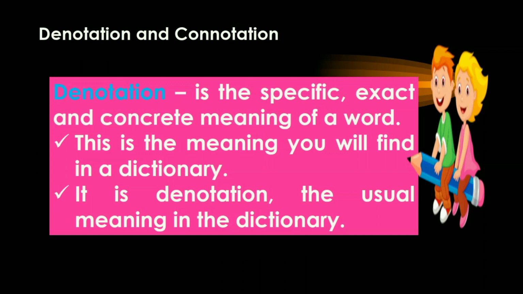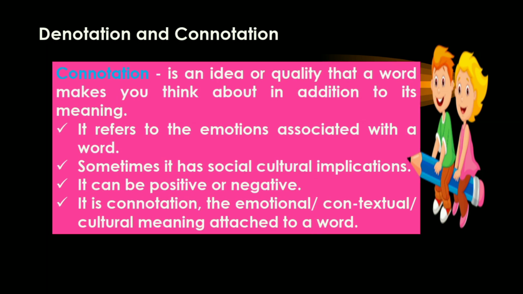So when we say denotation, class, this is the specific or exact and concrete meaning of a word. So this is the meaning you will find in the dictionary. It is denotation if the usual meaning in the dictionary is being used. What about connotation? Connotation is an idea or quality that a word makes you think about in addition to its meaning.